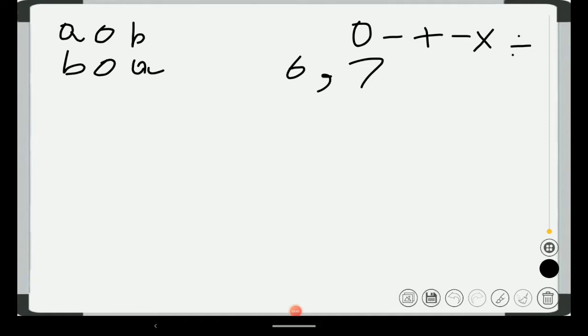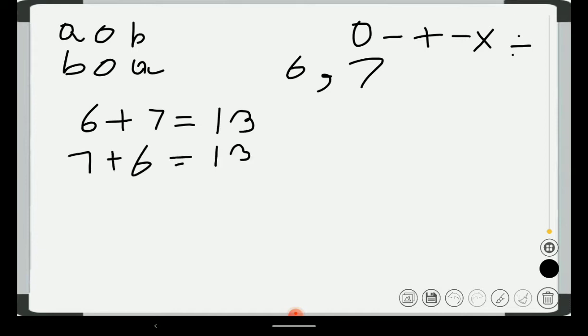Let's take addition first. 6 plus 7 gives 13, and 7 plus 6 also gives 13. So addition follows the commutative property. Now subtraction. 7 minus 6 gives 1, but 6 minus 7 gives something else.